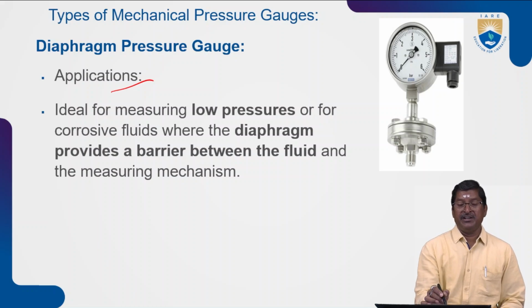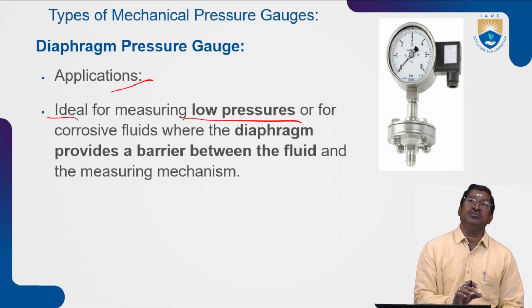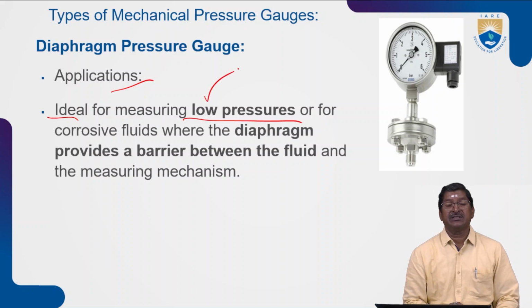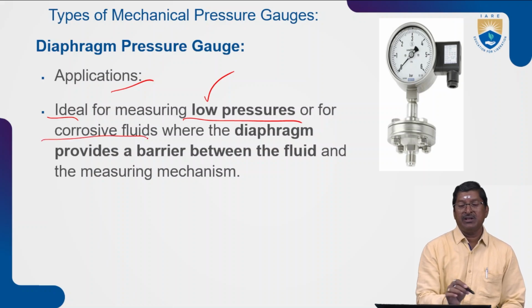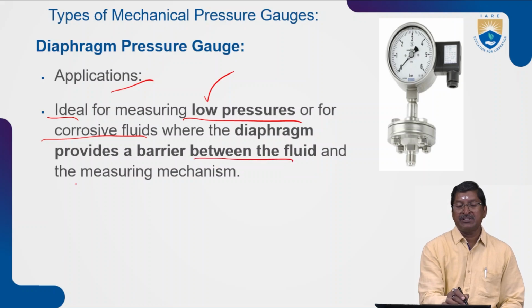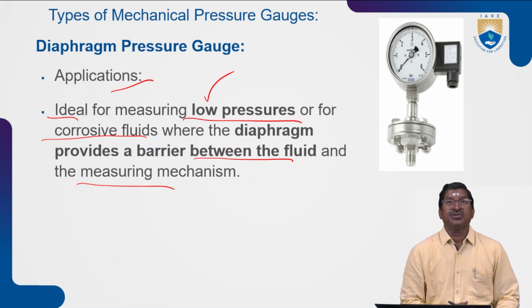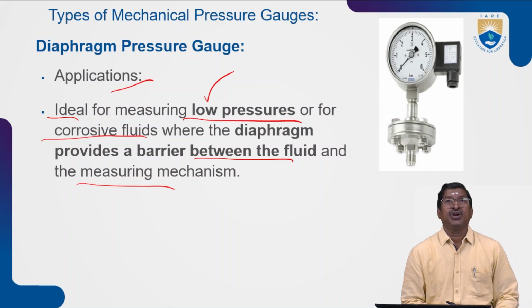It is ideal for low pressures, whereas Bourdon is for vacuum to thousands of psi. It is also used for corrosive fluids, where the diaphragm provides a barrier between the fluid and the measuring mechanism. So it is used for low pressures.